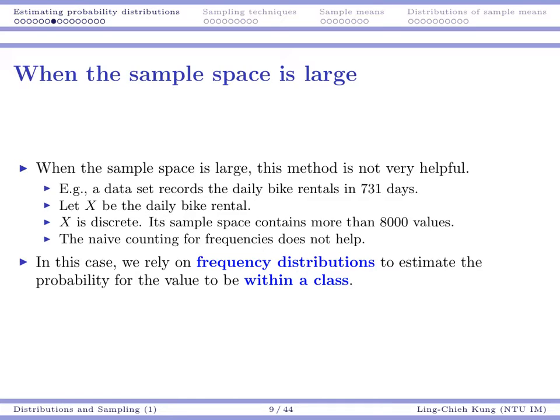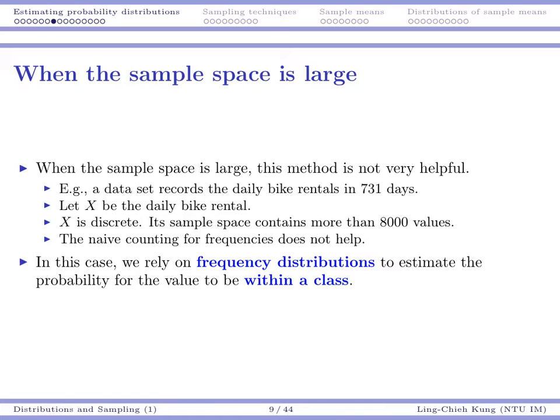Like if I still look at the 731 days in the past 2 years, but now I let X be the daily bike rental, then in that case X, even though it can still be said to be discrete, the sample space contains more than 8,000 possible values, right?